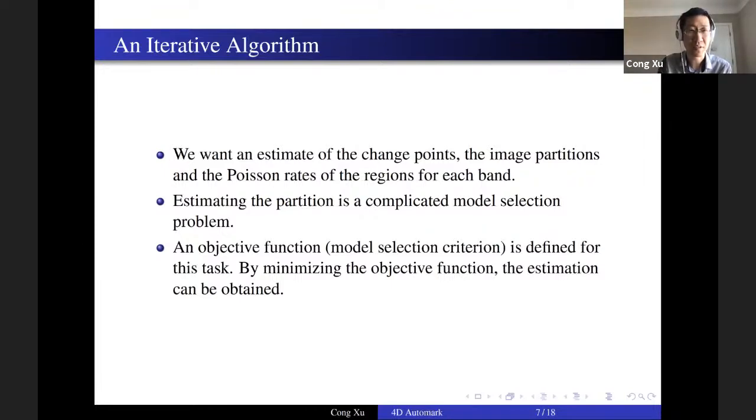So here we just use this approach. We define an objective function, which is called the model selection criteria. And by minimizing this objective function, we can get the estimation of change points, the image segmentation result, and also the Poisson rate. So that's the general idea of it.